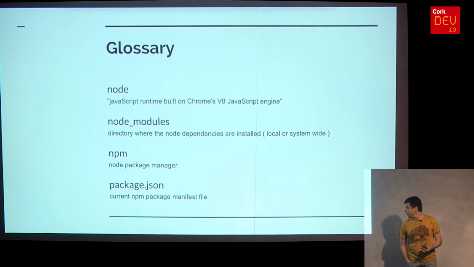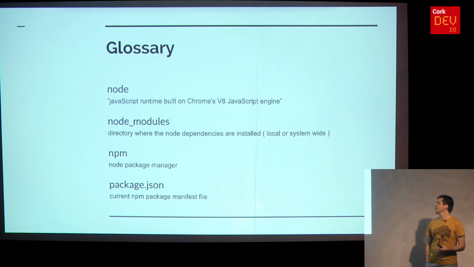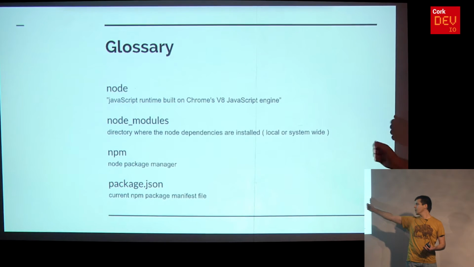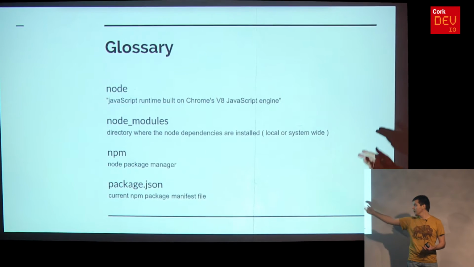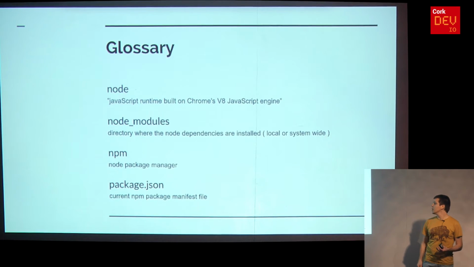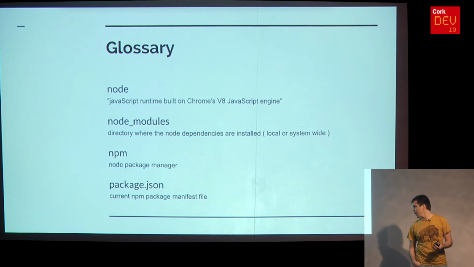Then we have node_modules, which is the directory where Node searches for the dependencies. npm is the Node package manager, so when we install a dependency, it will be installed in that directory, similar to Python and things like that. And we have the package.json, which is basically the metadata of the npm package that we are building. So that's it basically.